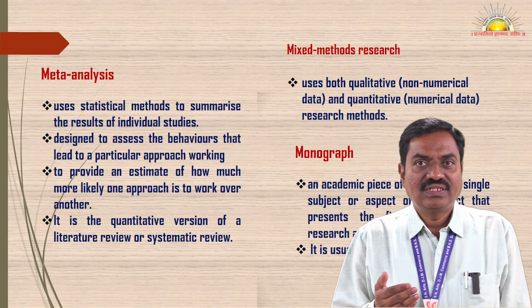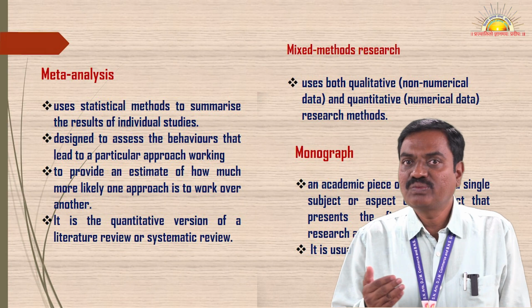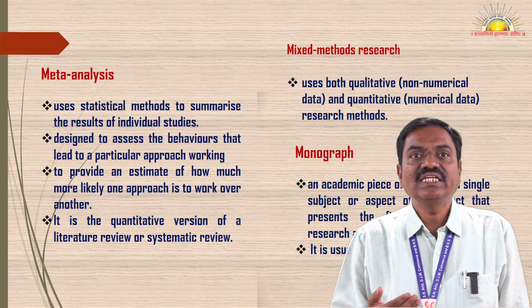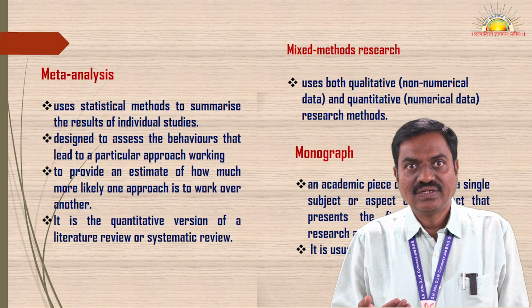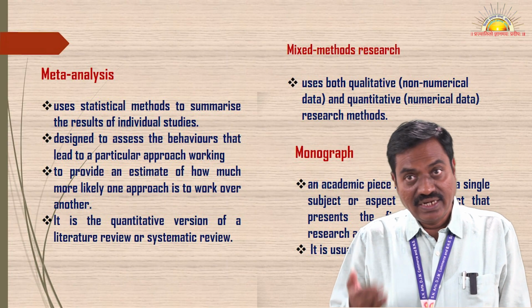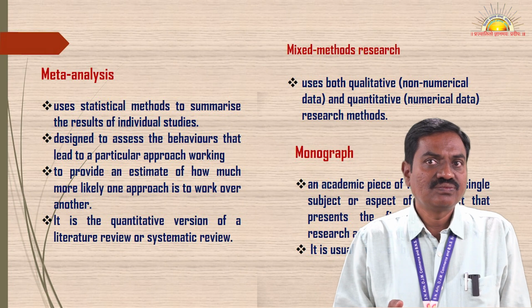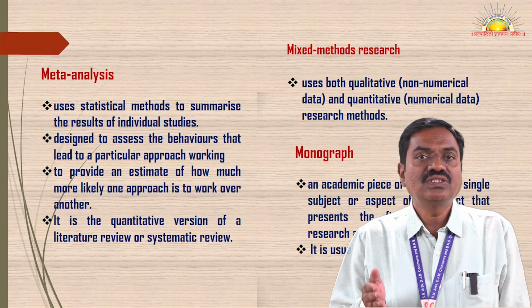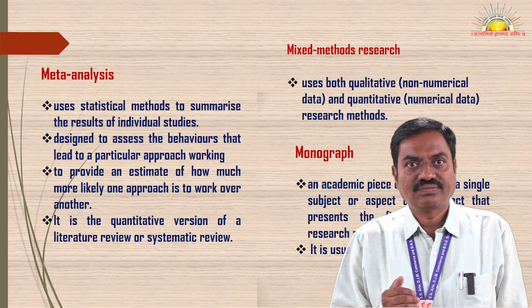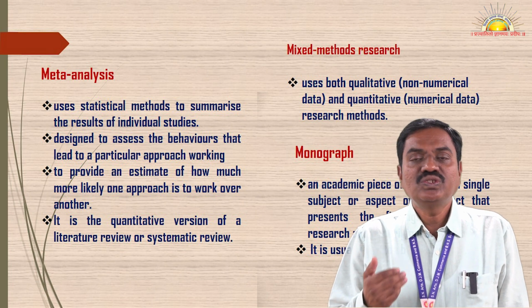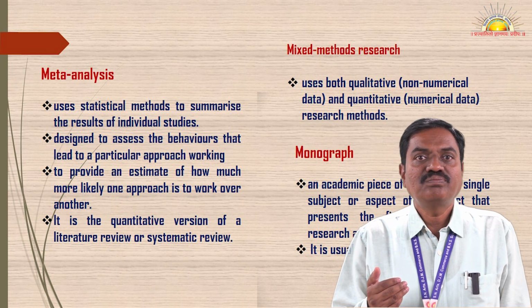A monograph is an academic piece of writing on a single subject or aspect of a subject that presents the findings of primary research or original scholarship. It is usually written by one person.